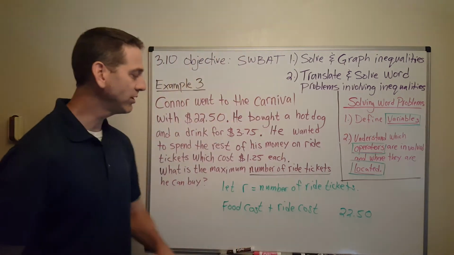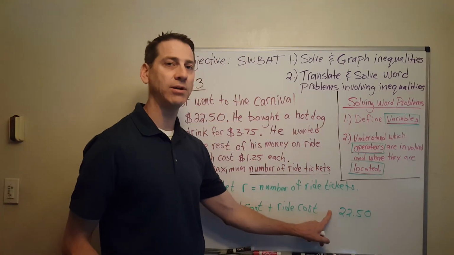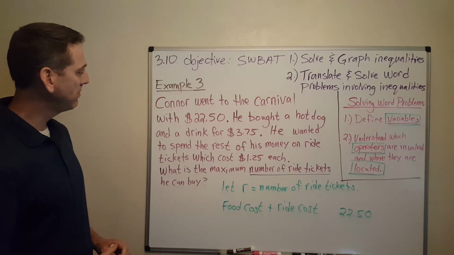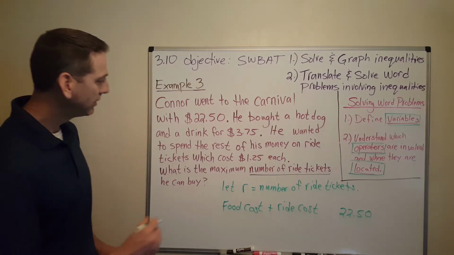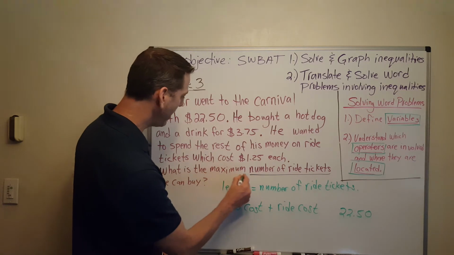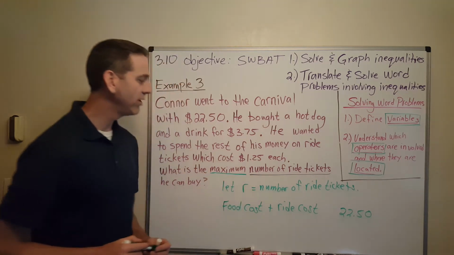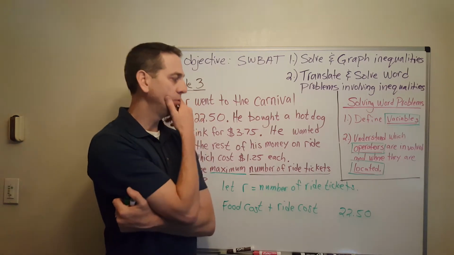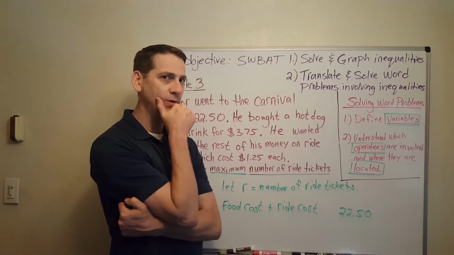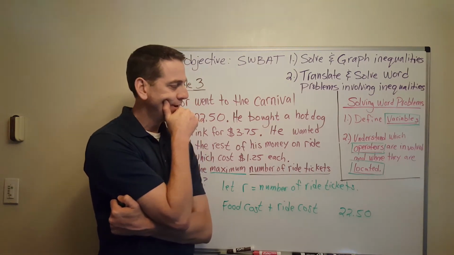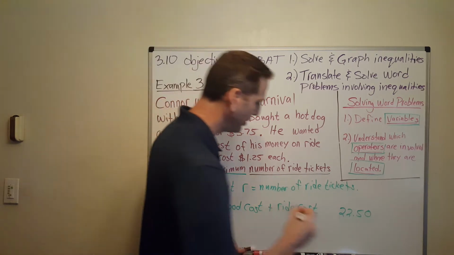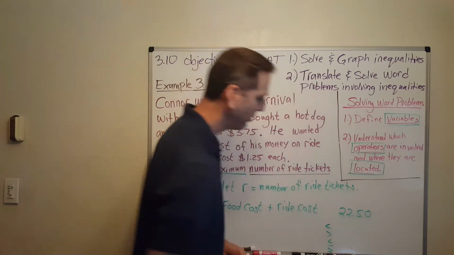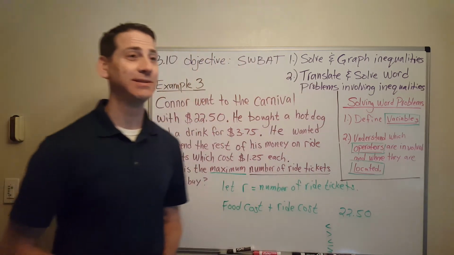$22.50. Now the question is, what symbol do I have here? It says, what is the maximum number? What inequality symbol is that going to be? You have 4 different options.